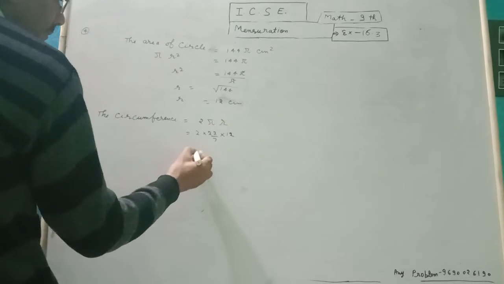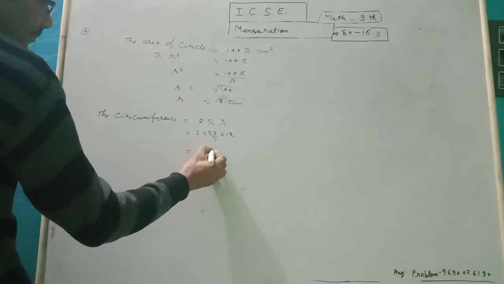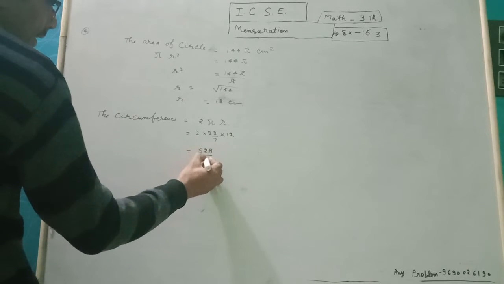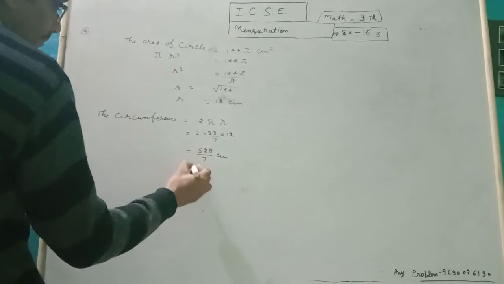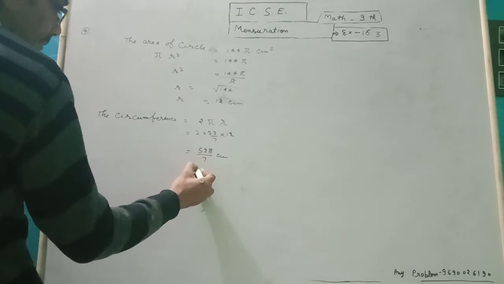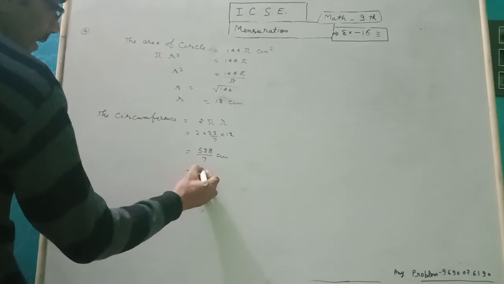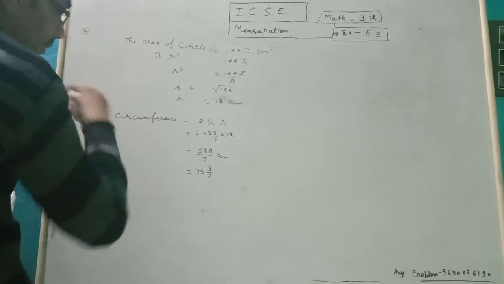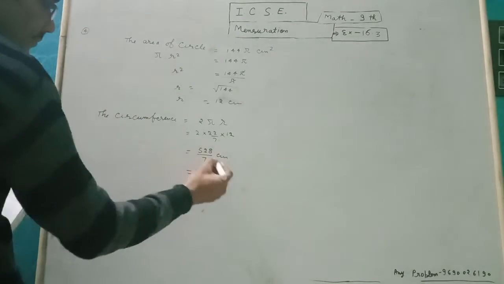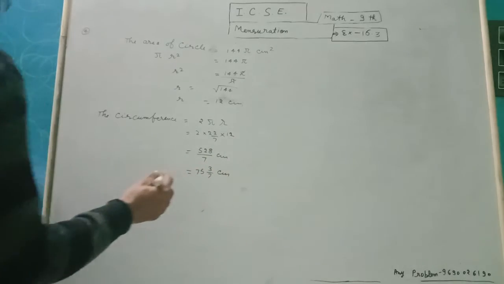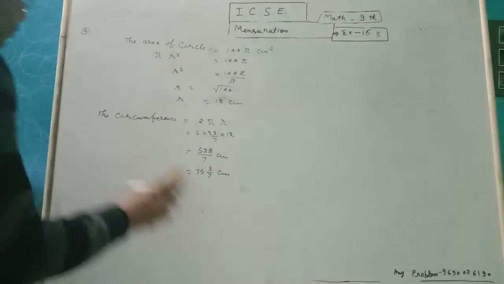After multiplying, 528/7 cm. 7 sevens are 49. Question number 4 is complete.